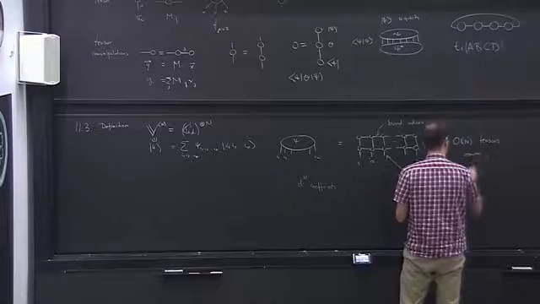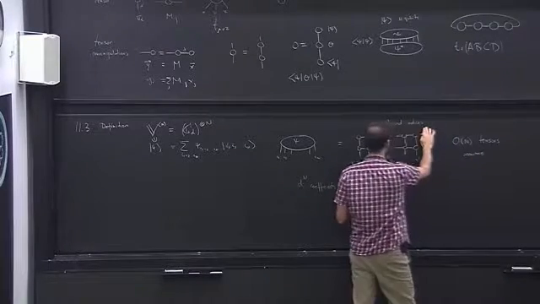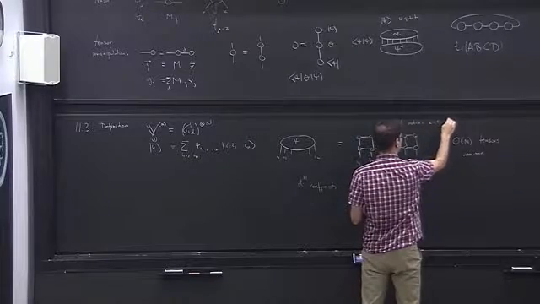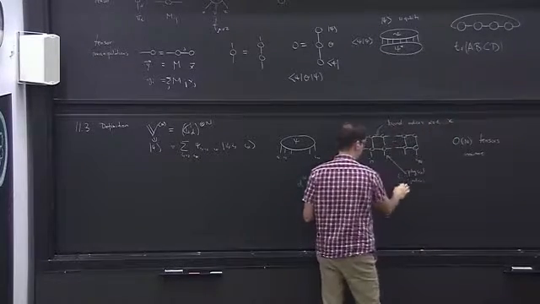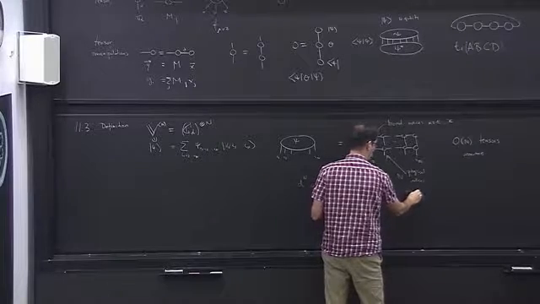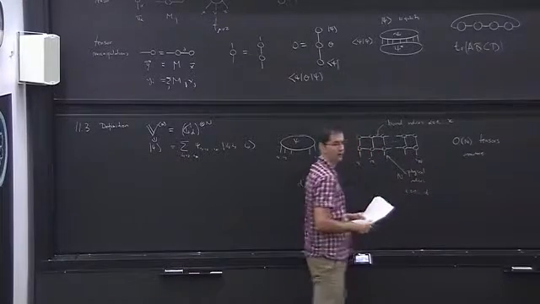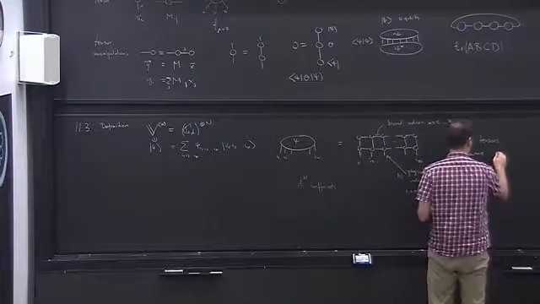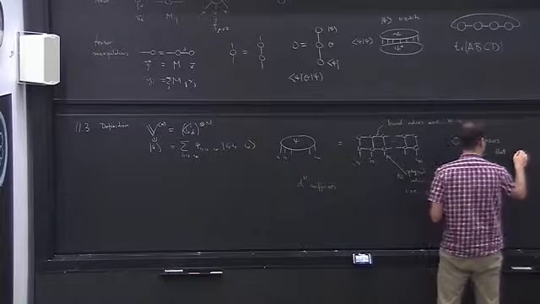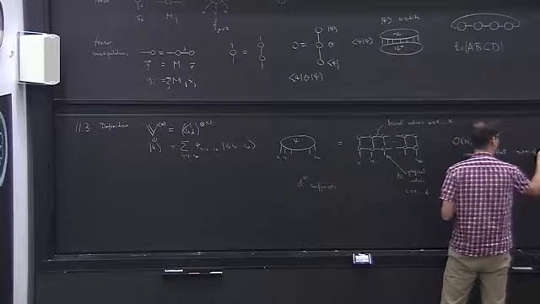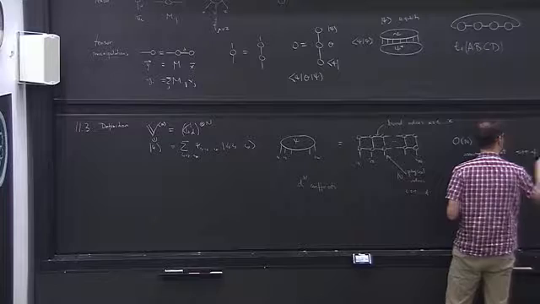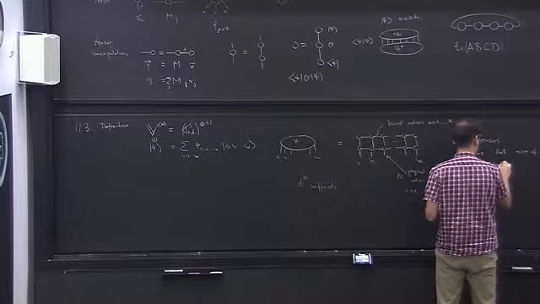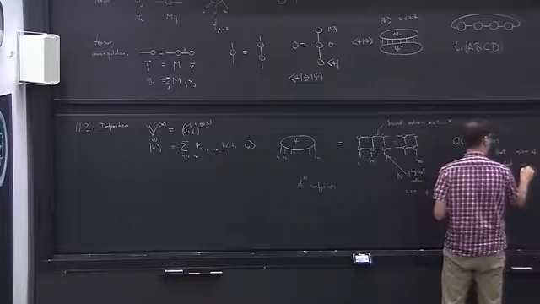And I'm going to assume that each bond index, say alpha, runs from 1 to some value chi. The physical index, say i, goes from 1 to d. I'm also going to assume that the size of the tensors is independent of n.